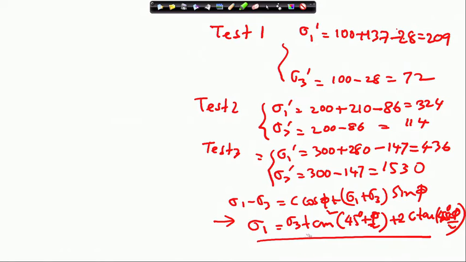That means, better I will clean this one. This is 45 degrees plus phi by 2. So this is the form I can use.